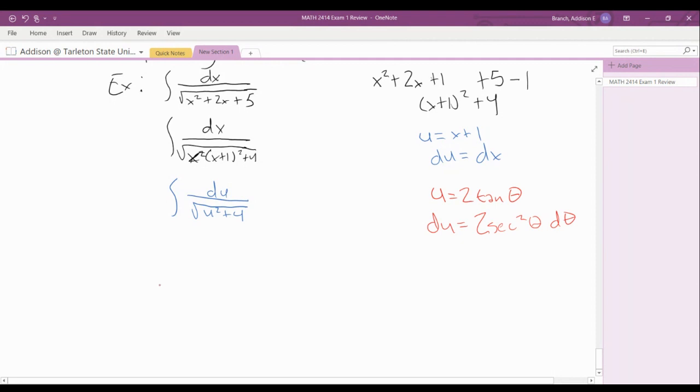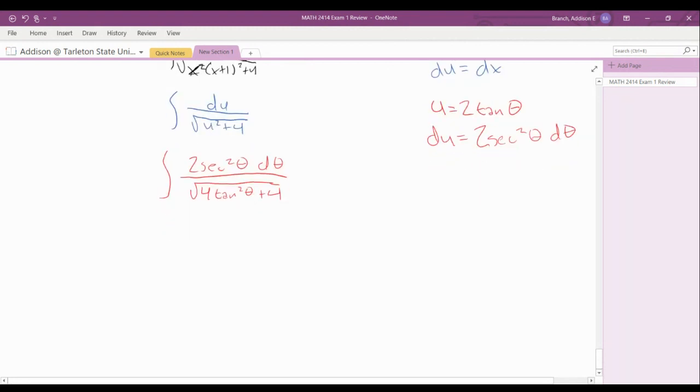Plug everything in to get us 2 secant squared of theta d theta over the square root of 4 tangent squared of theta plus 4. And then we know that 4 tangent squared of theta plus 4 is going to simplify to 4 secant squared.